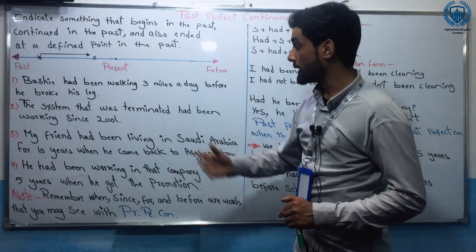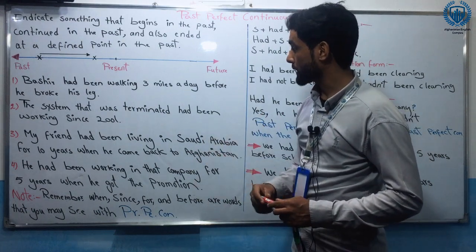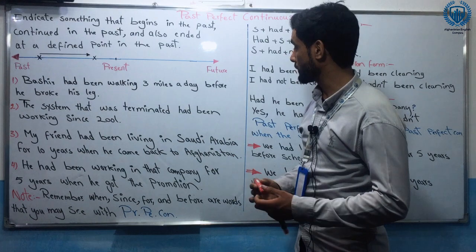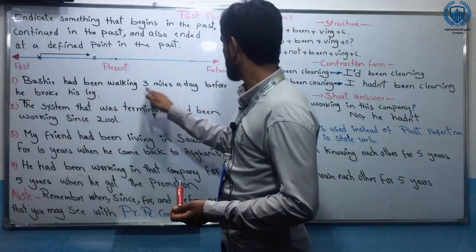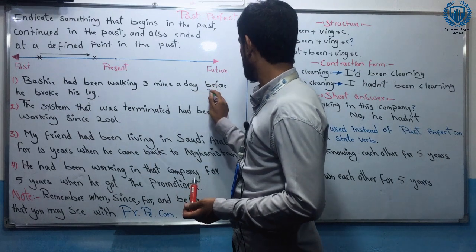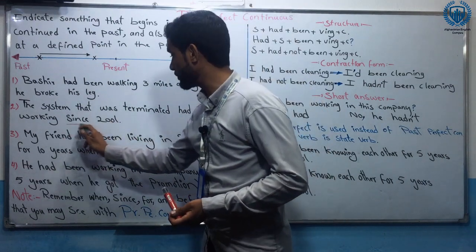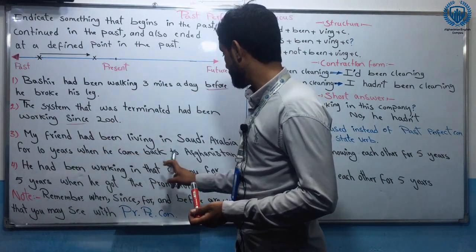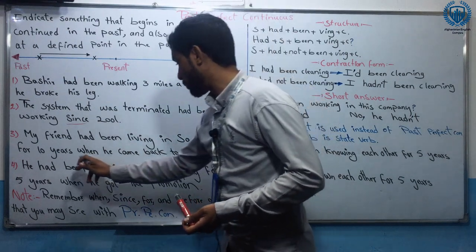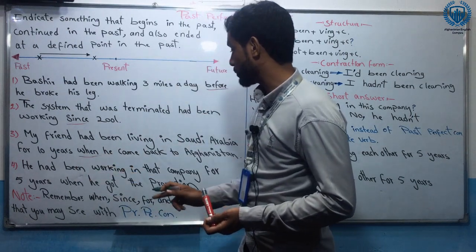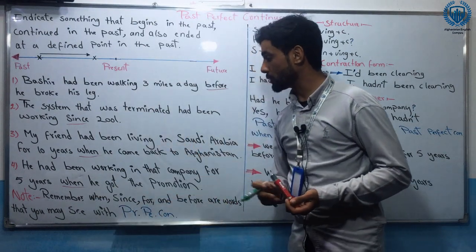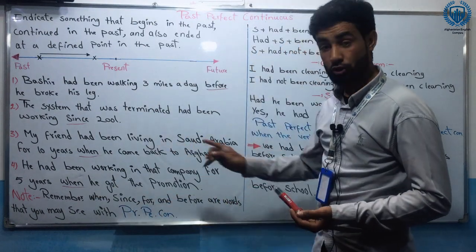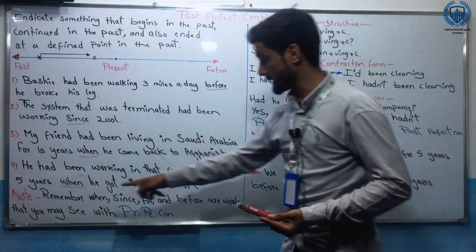See, in all these sentences we have some kinds of words. In the first sentence we used before. In the second sentence we used since. In the third sentence we used when. In the fourth sentence we used when as well. So there is a note about these words.